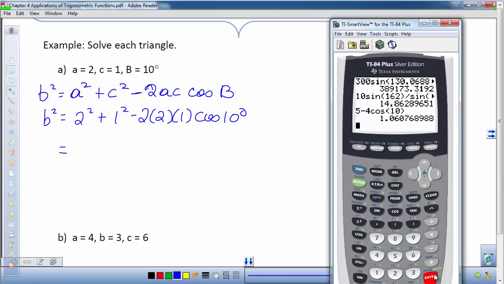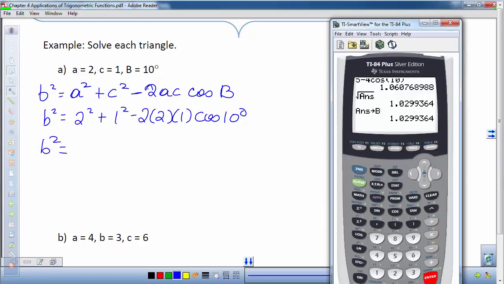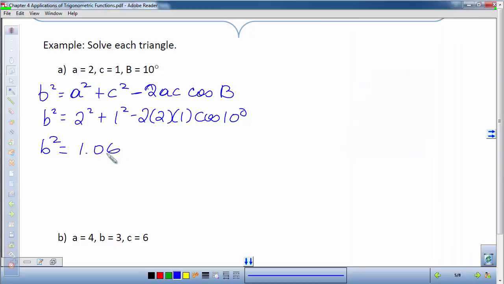So B is 1.02 dot dot dot. I'm going to store that as alpha B.